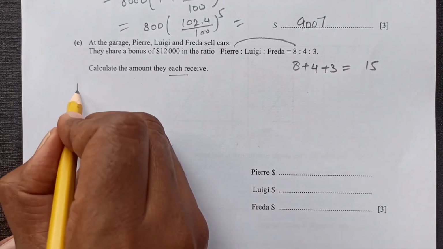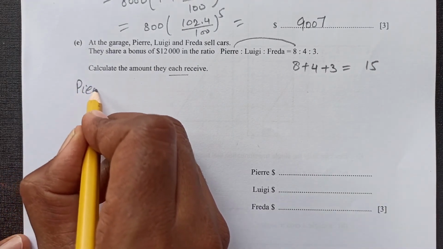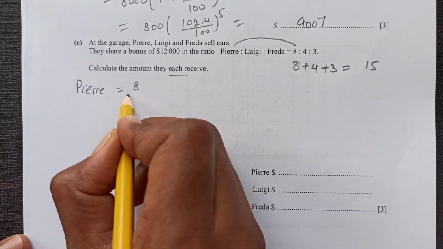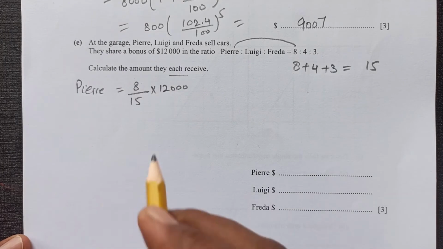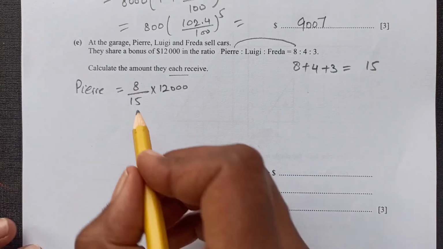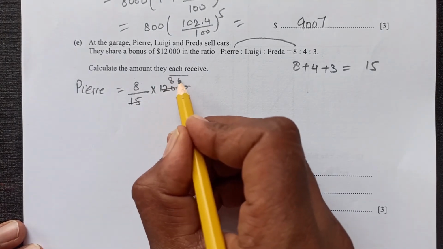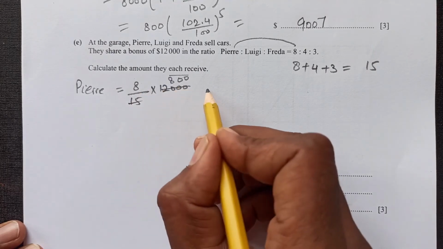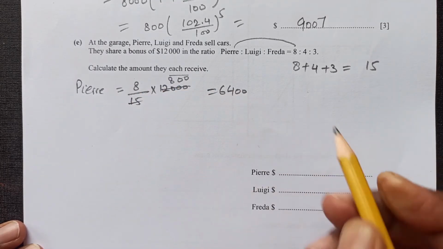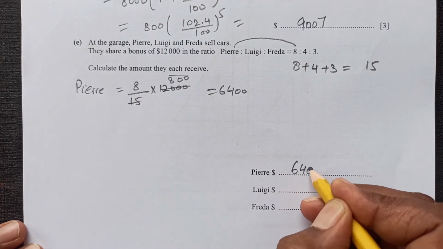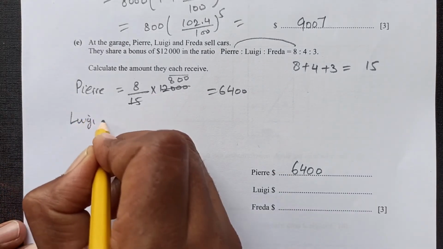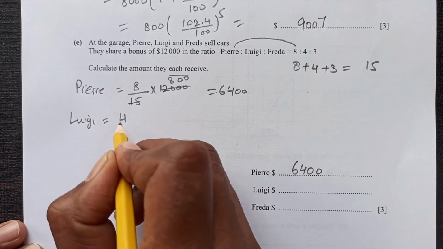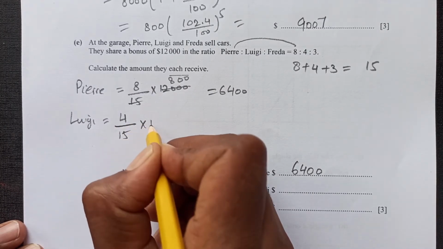So the share of Pere is 8 over 15 out of 12,000. 15 times 8 is 120, so 8 times 8 is 6,400. So this is 6,400.